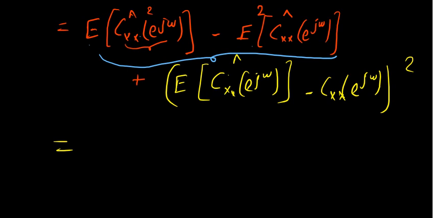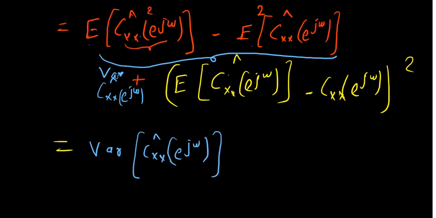Okay, so basically this term is called the variance of Cxx hat of e power j omega. This is the definition of variance, hat, of course. So basically the first term will be the variance of Cxx hat of e power j omega, and the second term is called bias.